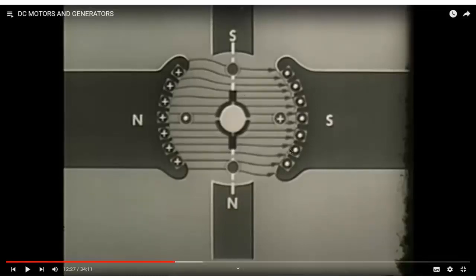Okay, now take care. If we change the magnitude of the interpoles with respect to armature current, we can keep the neutral plane in the original position.